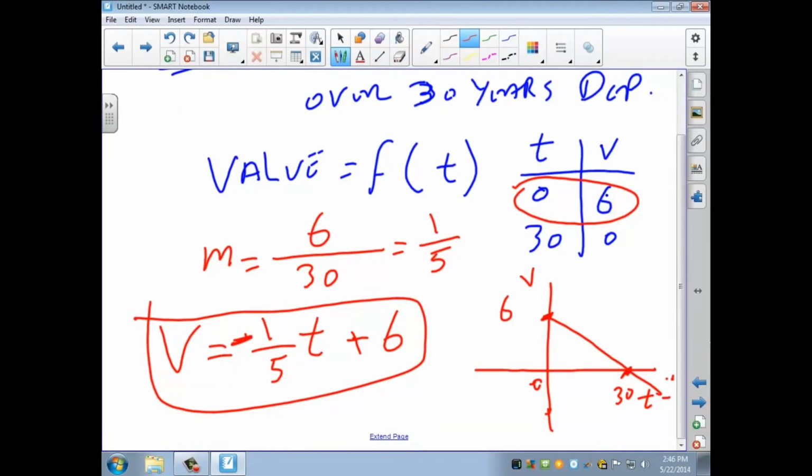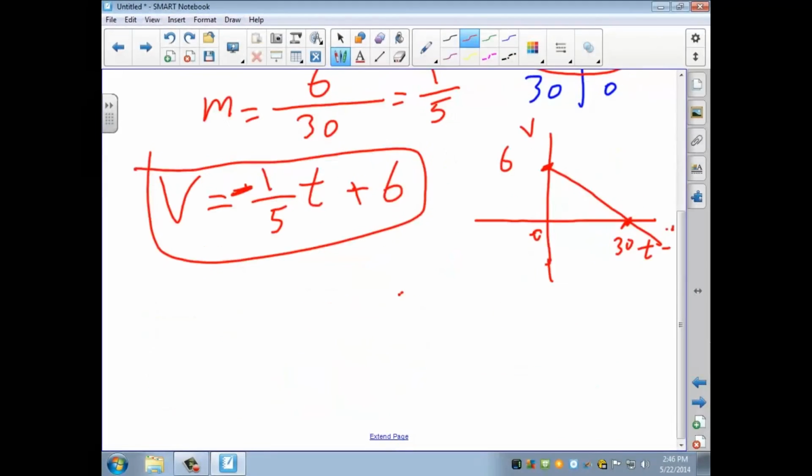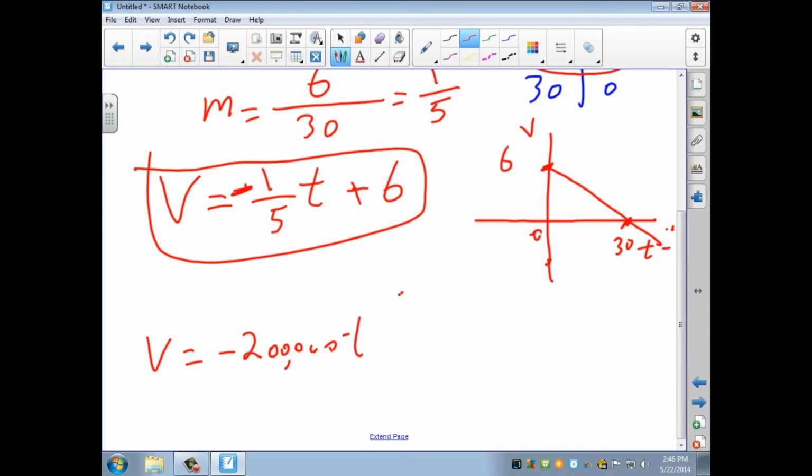So the rate at which the building is depreciating is 1/5 of $1 million per year, or 200,000. I could have written this in dollar amount, and V would be equal to minus 200,000 T plus 6 million.